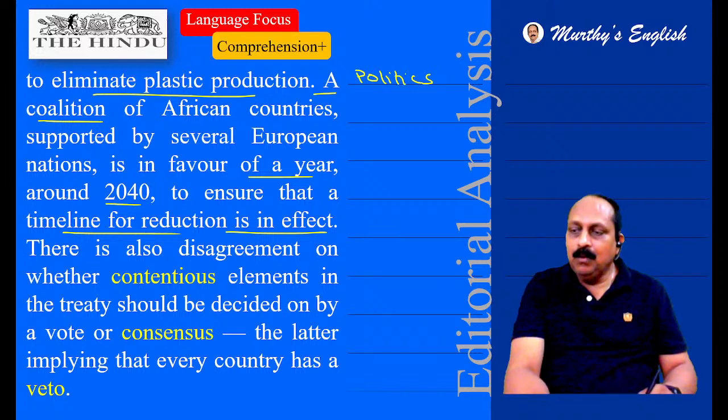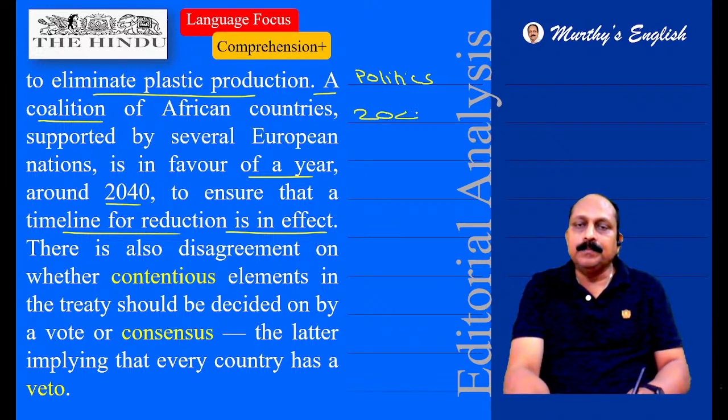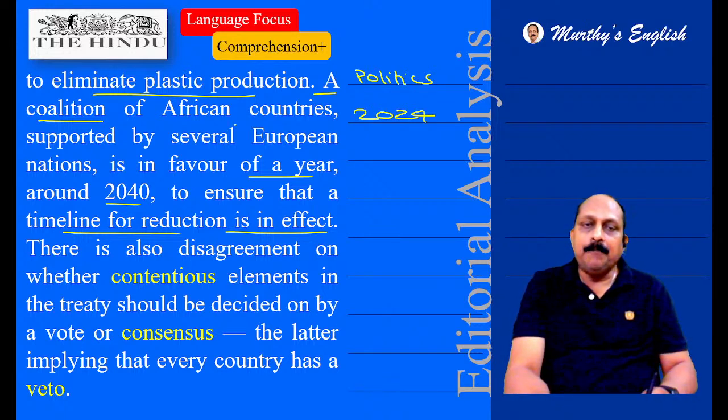This particular group wants to extend. Actual deadline is 2024, but a coalition of African countries supported by several European nations is in favor of a year around 2040 to ensure that a timeline for reduction is in effect. They want it to be done by 2040, but to finalize one more year.